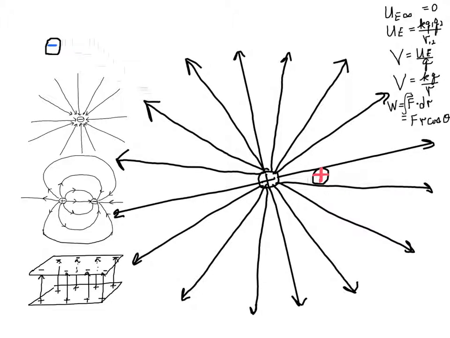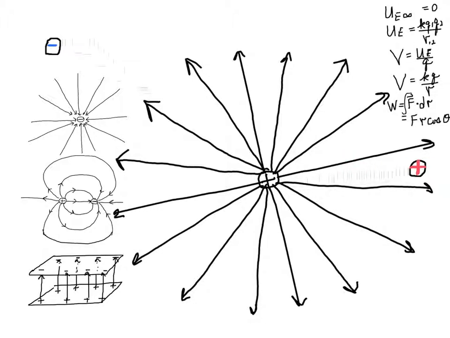That's what we expect. So the way in which we can think about the energy content of this charge is how much kinetic energy will I get if I release it? So if I release it, it's going to accelerate all the way to infinity.